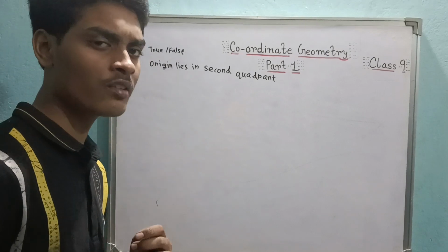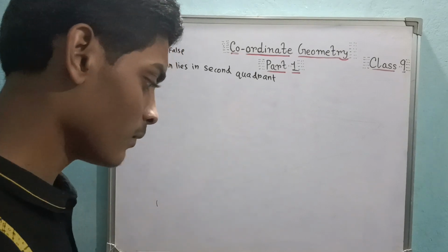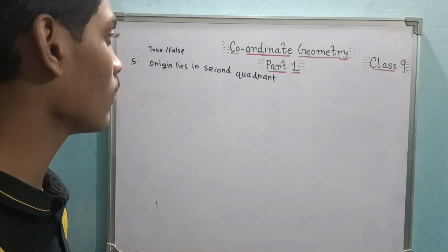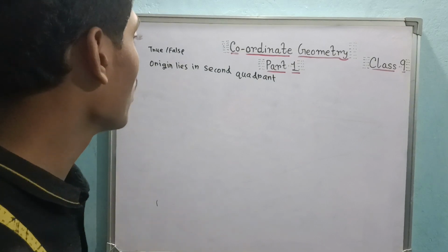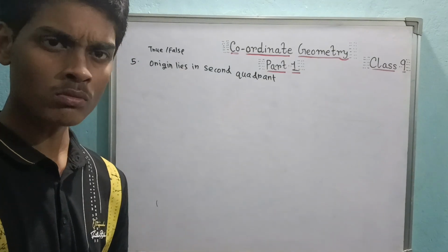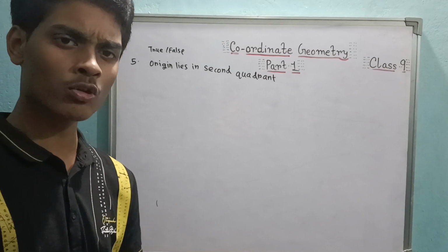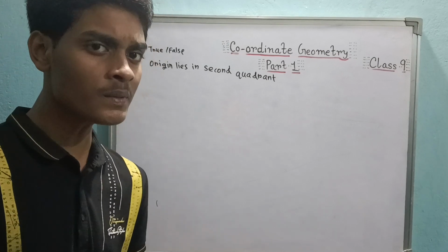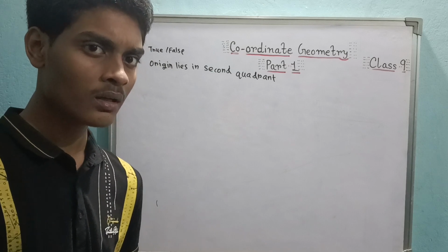So the coordinates of the origin are 0, 0. Now suppose I am a very stupid person and I tell you the coordinates of the origin are minus 0, minus 0. Am I wrong? No. Minus 0 equals 0. Then minus, minus means it can lie in the third quadrant.